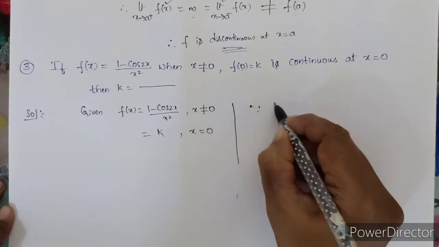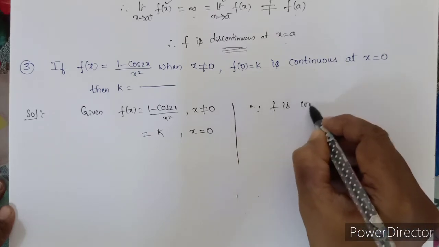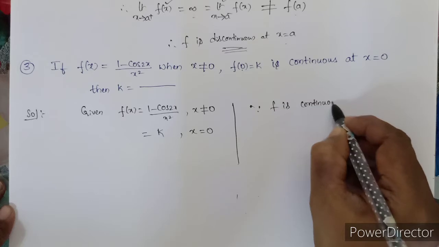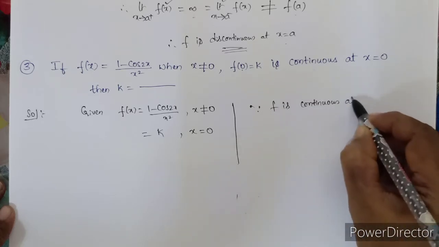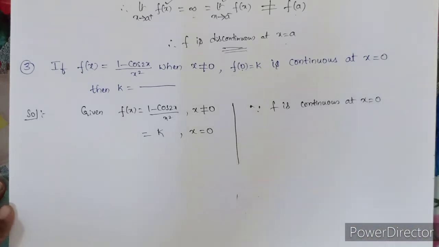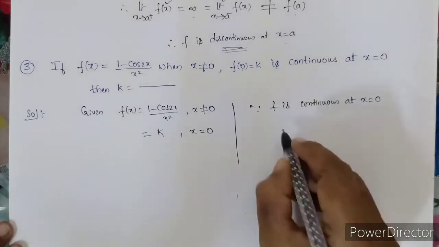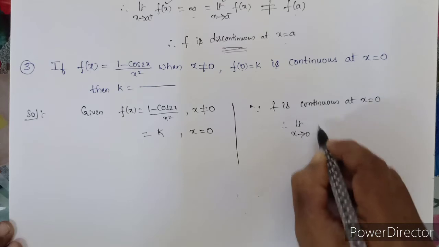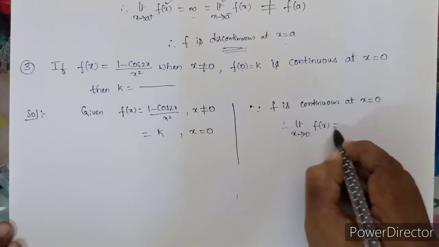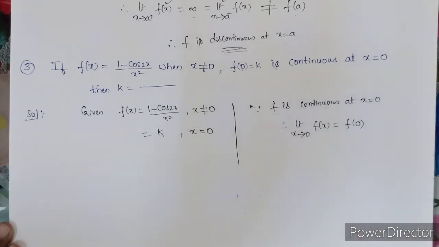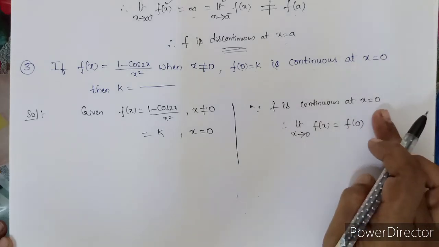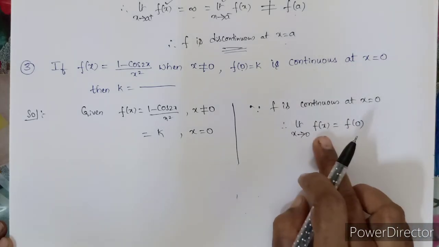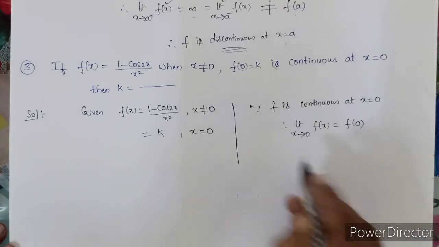Since f is continuous at x is equal to 0, therefore limit x tends to 0 f of x equal to f of 0. Since f is continuous at 0, by definition limit x tends to 0 f of x is equal to f of 0.